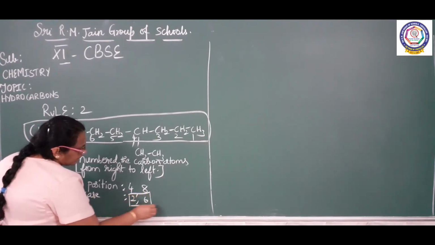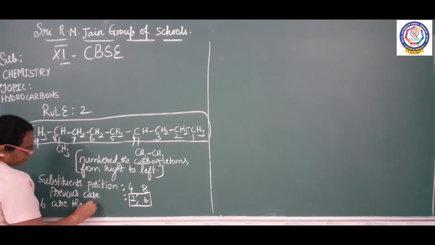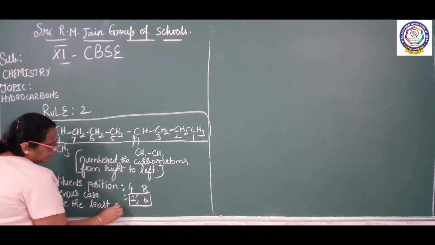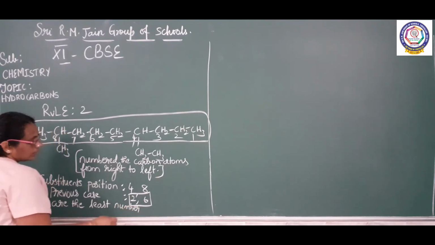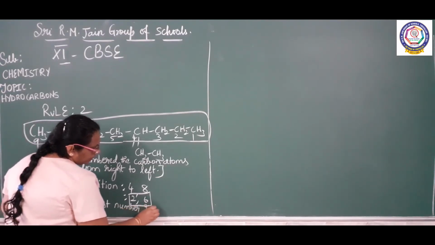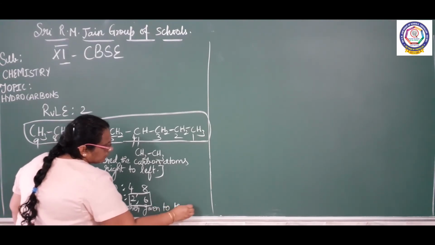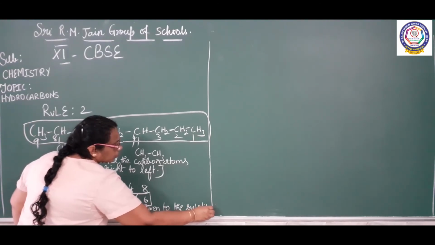So 2 and 6 are the least numbers. 2 and 6 are the least numbers given to the substituents.